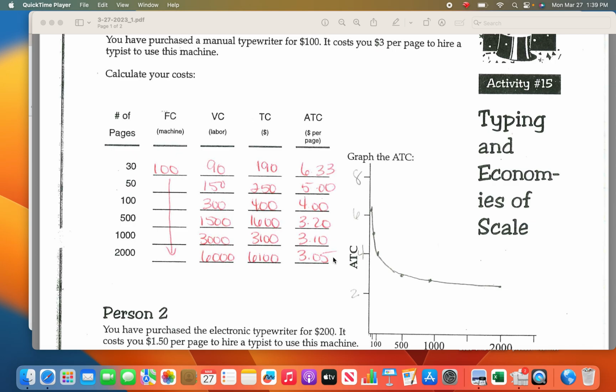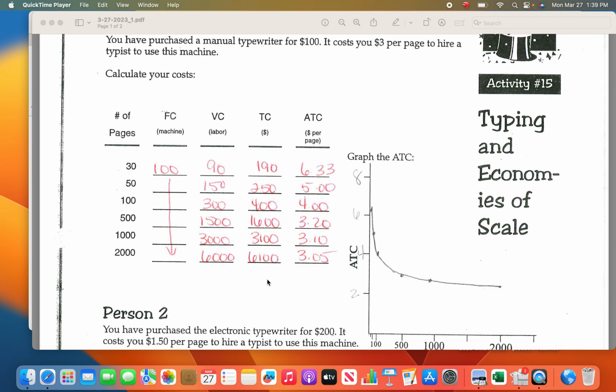And the reason for that is because we are able to take the fixed cost and divide it between all of the number of pages or all of the output that we are producing. It doesn't matter if it's pages being typed or whatever.